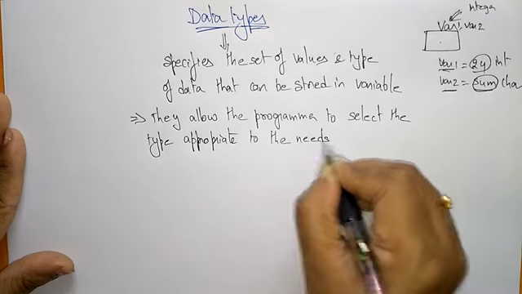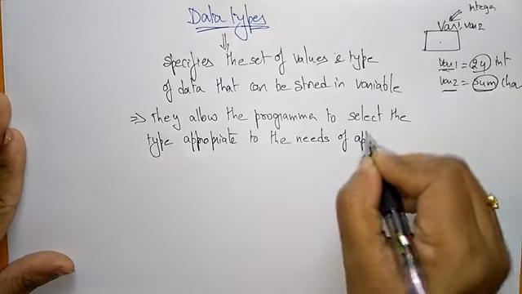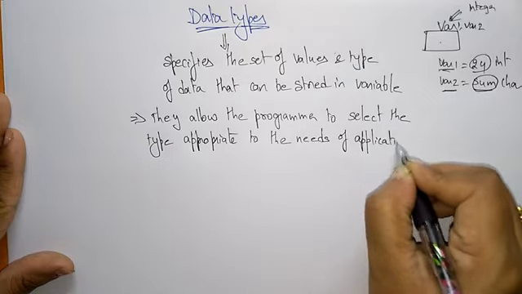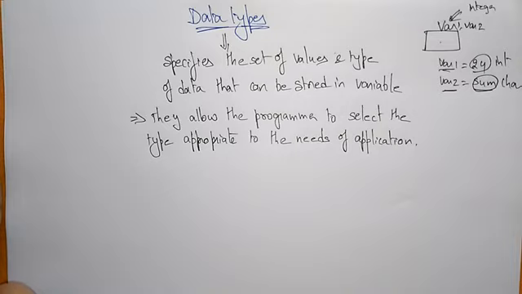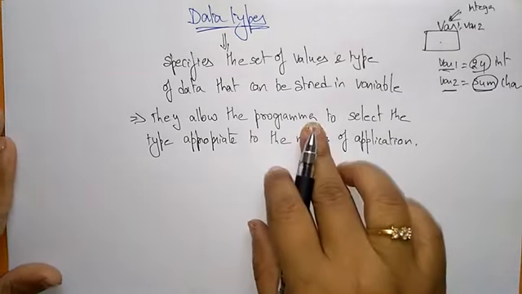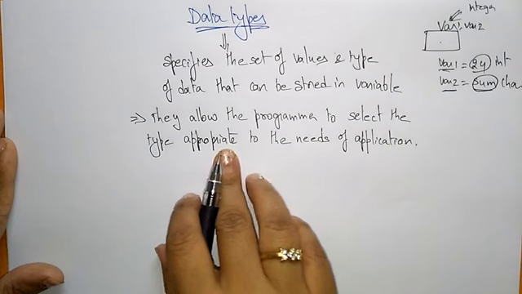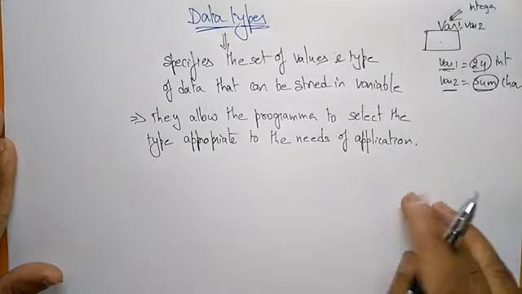So that will be decided by the programmer. He can select, it is his choice, whether an integer data type or character type, based on the requirement, based on the needs of the application.